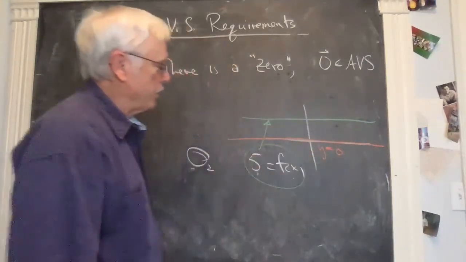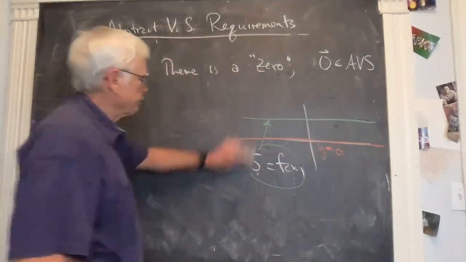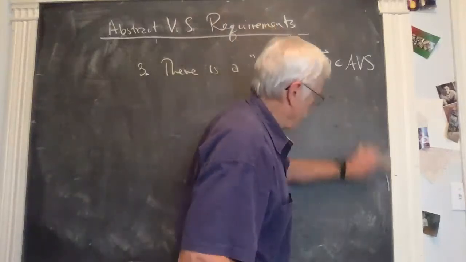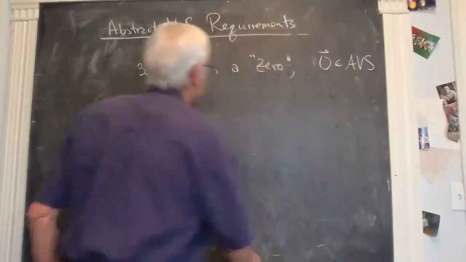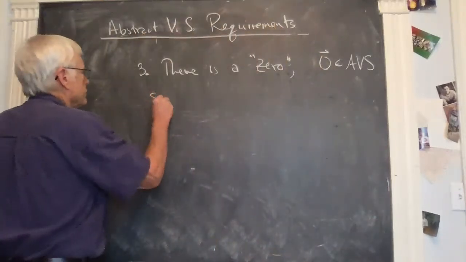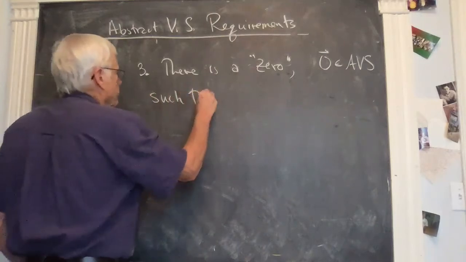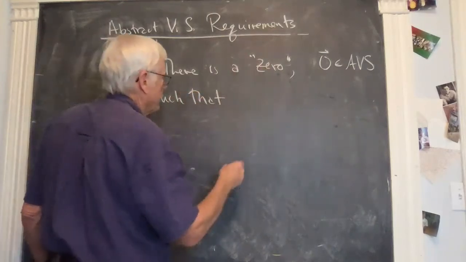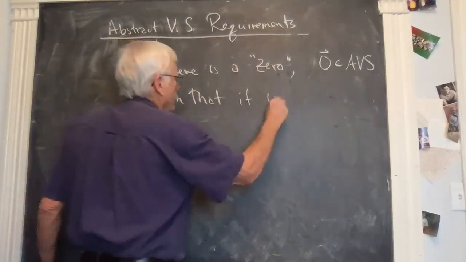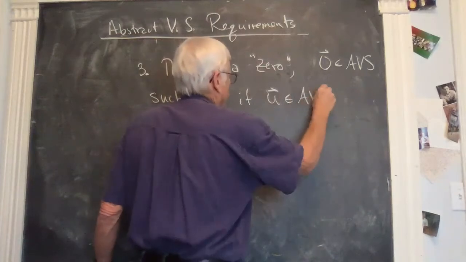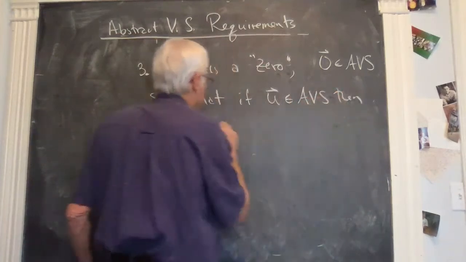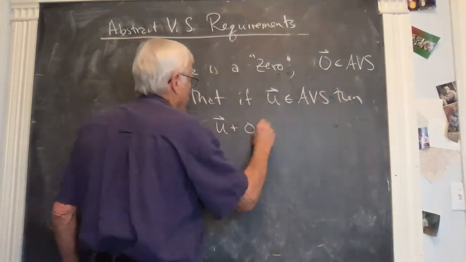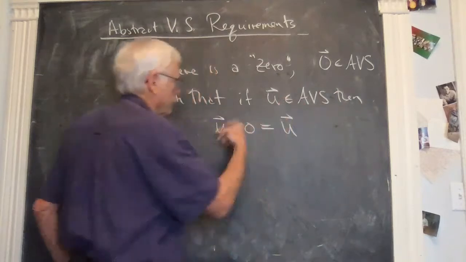In the P2 case, it means the zero function. But it has a specific property: if U is any vector in the abstract vector space, then U plus 0 is U, and also 0 plus U is U.